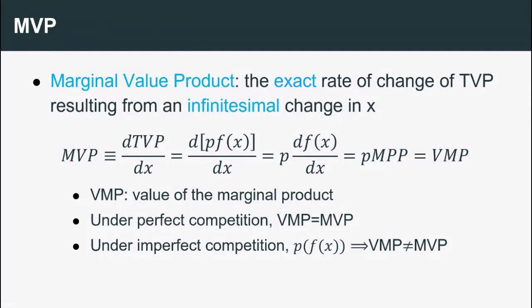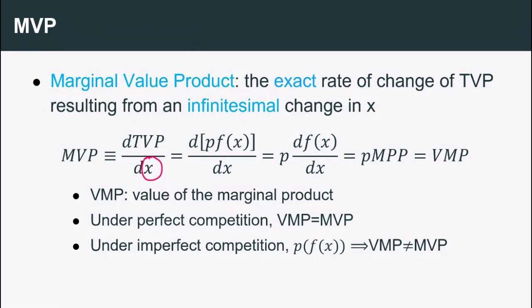Mathematically, MVP is again a derivative concept. It's a derivative of TVP, which is the value of the output, with respect to X. We need to pay attention here. On the bottom here is taking derivative with respect to the choice variable X. And this is because now we're approaching profit maximization from the input perspective, and X is the input.